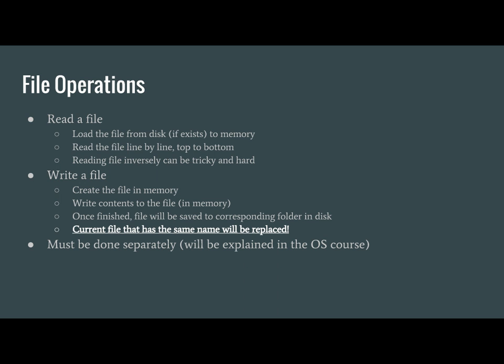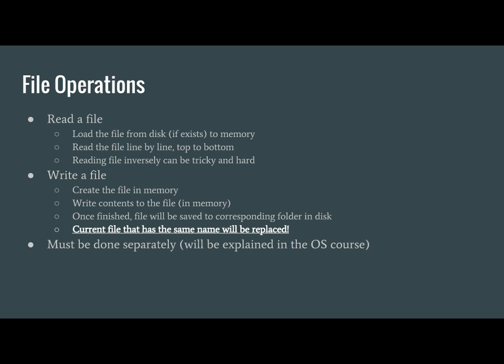How to write a file. So the first thing you need to do is create a file in memory. And then you write content to the file that is in memory instead of on the disk. And then once you finish writing content to the file, you close the file, and the file will be saved to the corresponding folder on the disk.